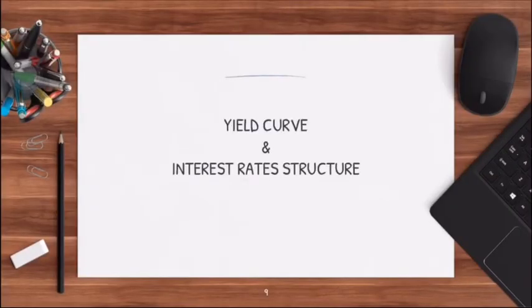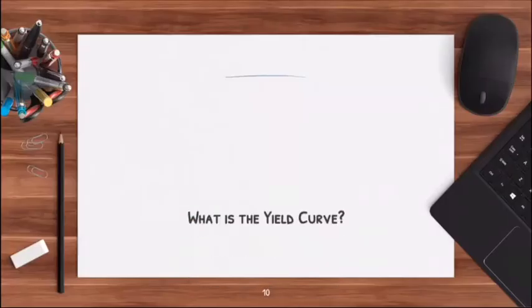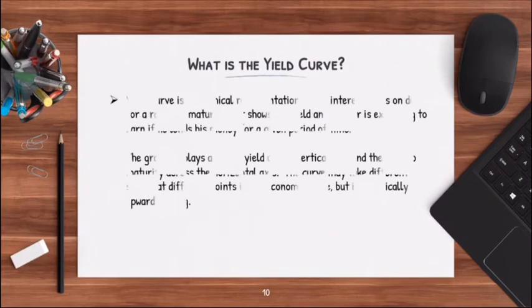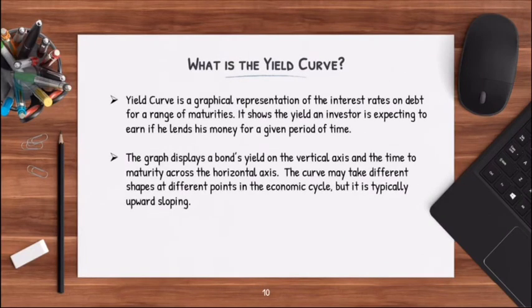Now we go to the yield curve and interest rates structure. What is the yield curve? The yield curve is a graphical representation of the interest rates on debt for a range of maturities.